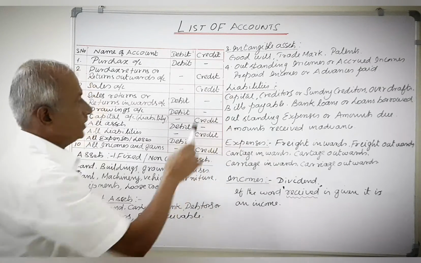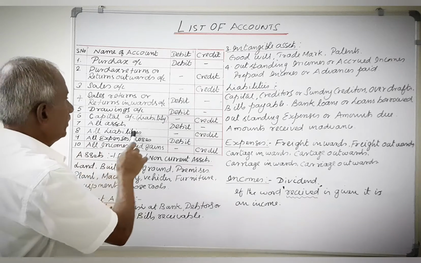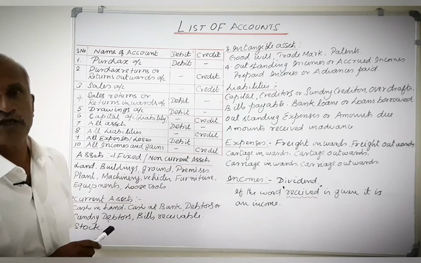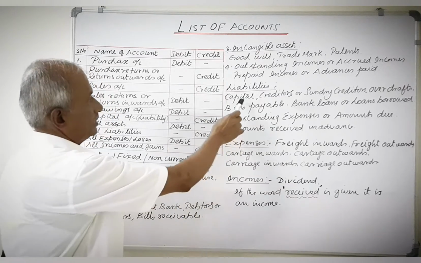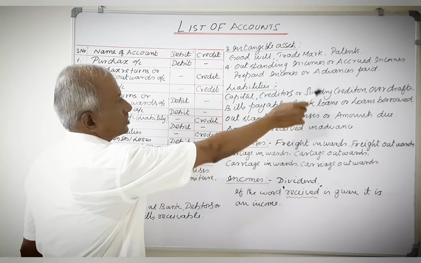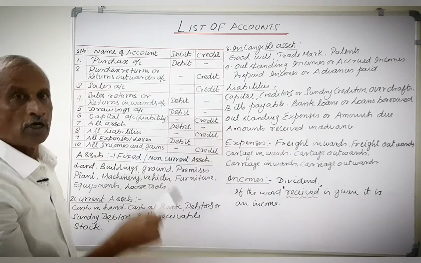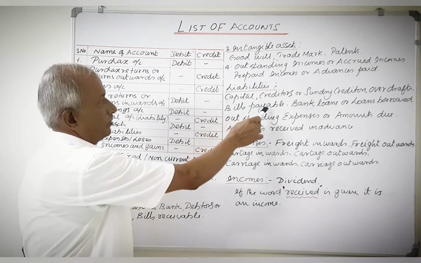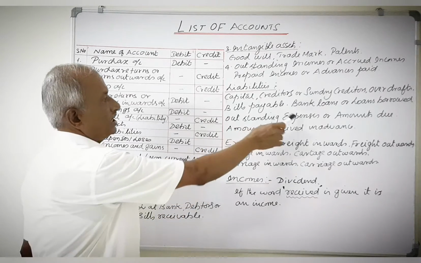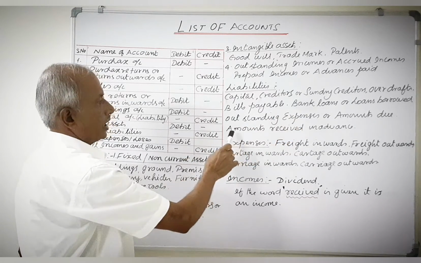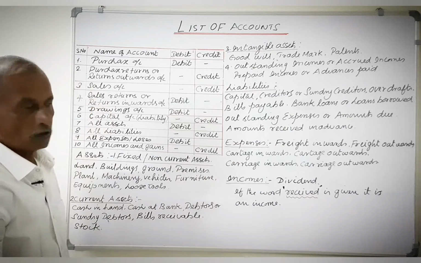Then some of the liabilities: all liabilities are shown on the credit side of the trial balance. Let us see some of the liabilities: capital, creditors or sundry creditors, overdrafts or bank overdraft, bills payable, bank loan or loans borrowed, then outstanding expenses or amounts due or amounts received in advance.